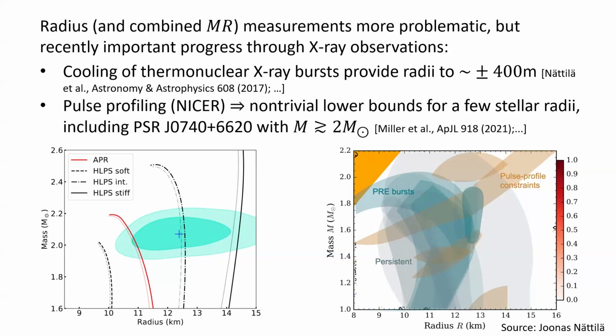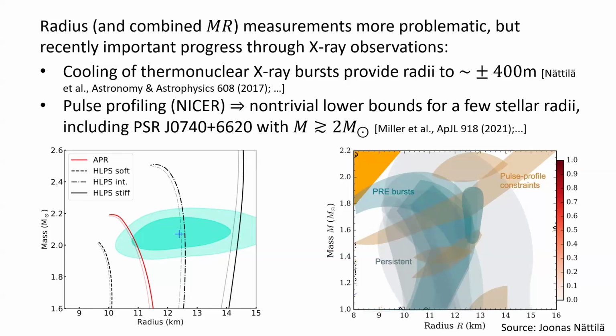And just to give you a feeling of the accuracy in this business, when I first attended a neutron star workshop, I think that was 2009 or something, there was still a debate between whether there can be neutron stars with radii below 10 kilometers or radii above 15 kilometers.